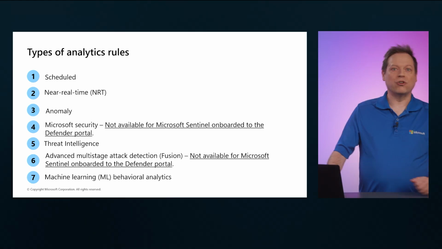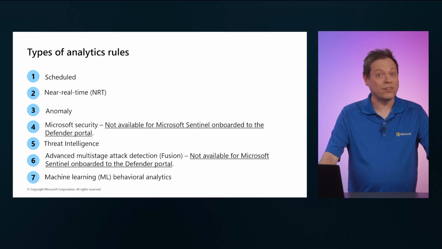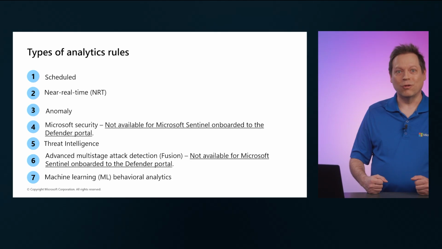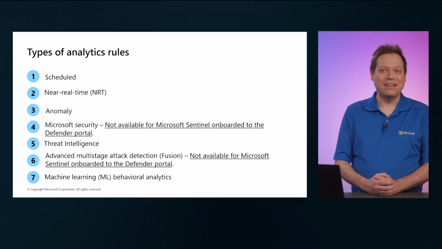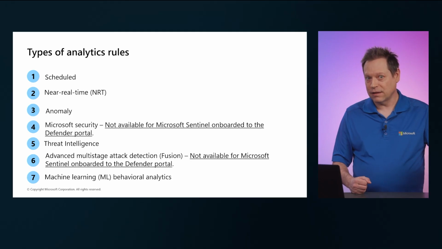Beyond those, there are machine learning behavioral analysis rules, threat intelligence rules, anomaly rules, scheduled rules, and near real-time or NRT rules. Each type offers a different balance of detection approach, configurability, and timeliness.